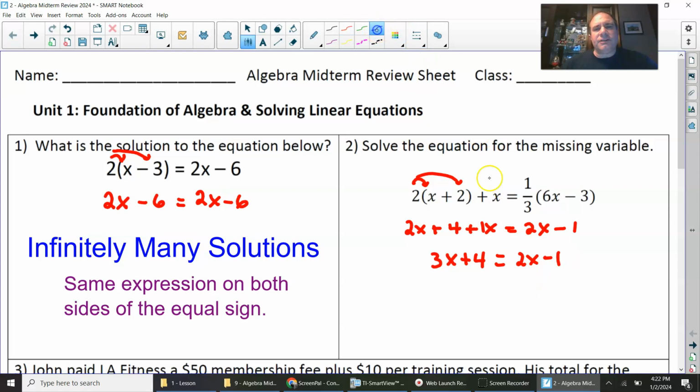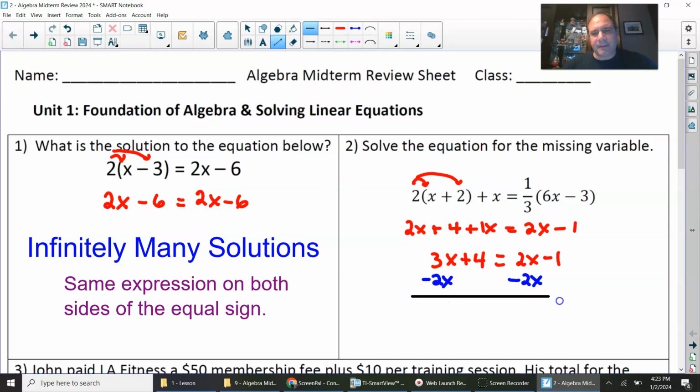Remember, when we are solving with variables on both sides, bring the smaller over to the larger. So we're just going to subtract the 2x on both sides right here, to get the x's together. That is like the main thing that you have to do. The 2x and the minus 2x cancel out. 3x minus 2x equals x.